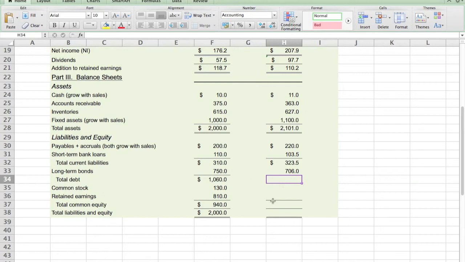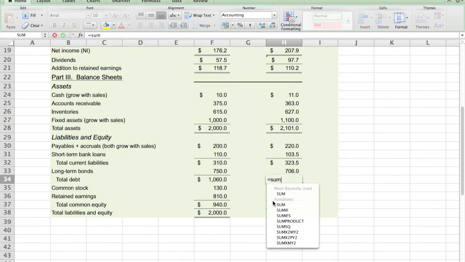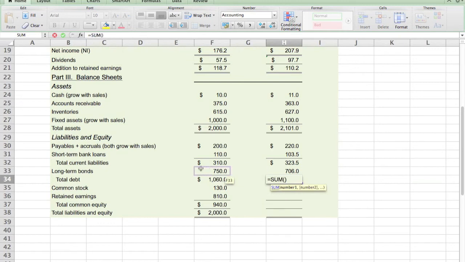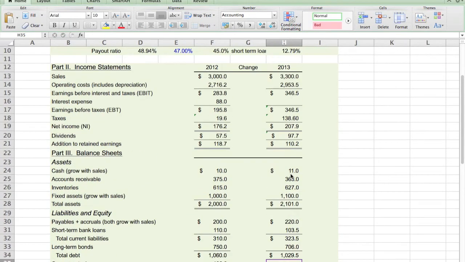Then the total debt is the sum of the total current liabilities and the long-term bonds. Then we have to enter the interest expense that we have got from the previous slide, so the numbers are going to change automatically.